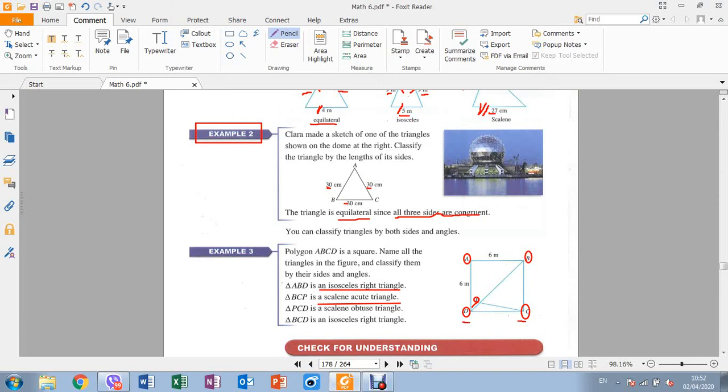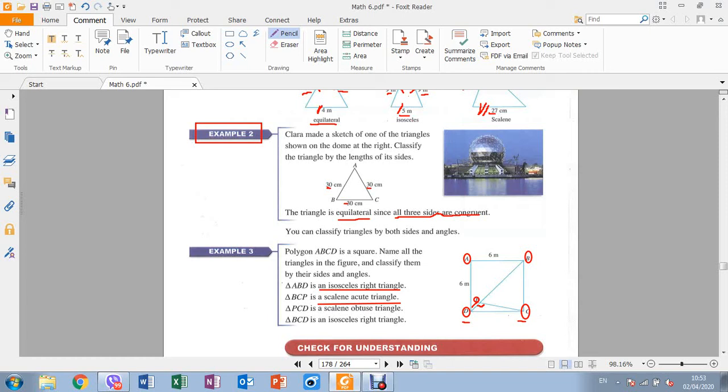Look at this triangle. If we look at the measure of this angle, it is greater than 90 degrees. So which type is it? Obtuse. We decide by the angles and by the sides.